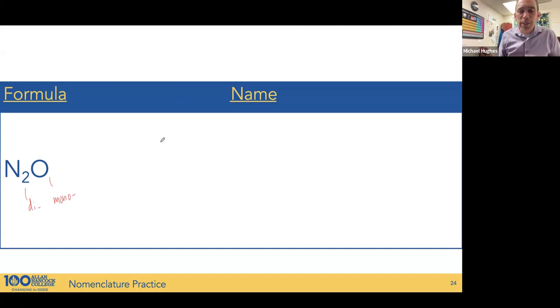So we're going to use the prefix di and then the element's name, nitrogen, and then mono, oxygen with the suffix "ide," so monoxide. Dinitrogen monoxide.